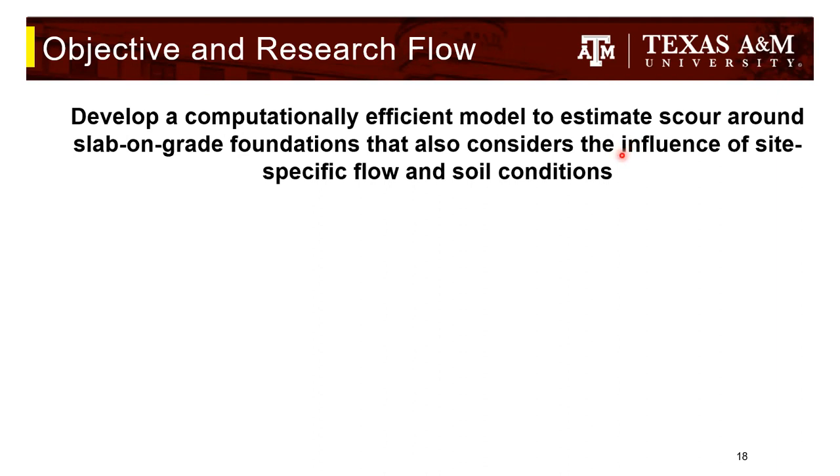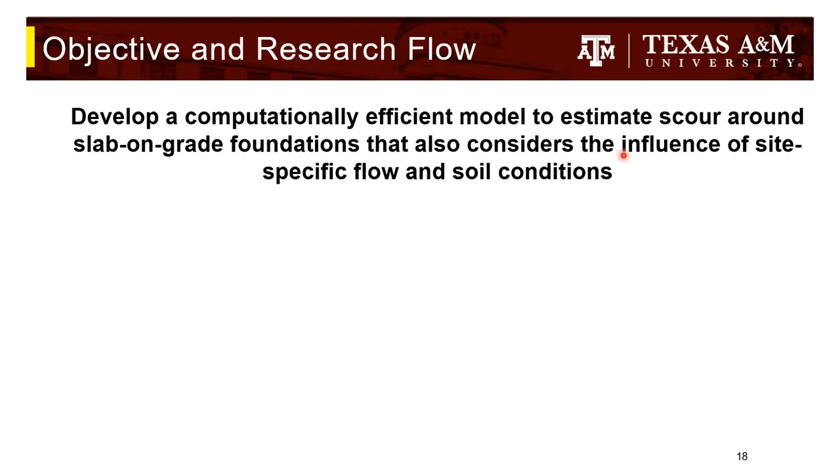We now move directly into the research objective and flow, like what we are trying to work on here at Texas A&M. So the primary objective of this research is to develop a computationally efficient model to estimate scour around slab-on-grade foundations.